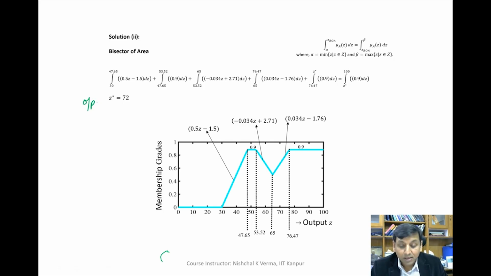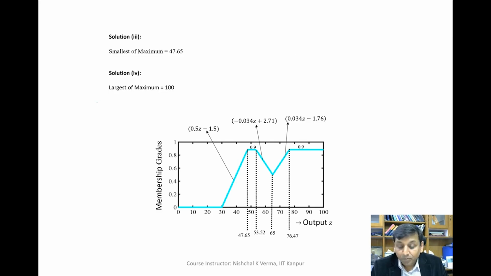72. Similarly, when we use the smallest of maximum method here, we get z star, which is the output corresponding to x is equal to 55 and y is equal to 45, that is 49.65.